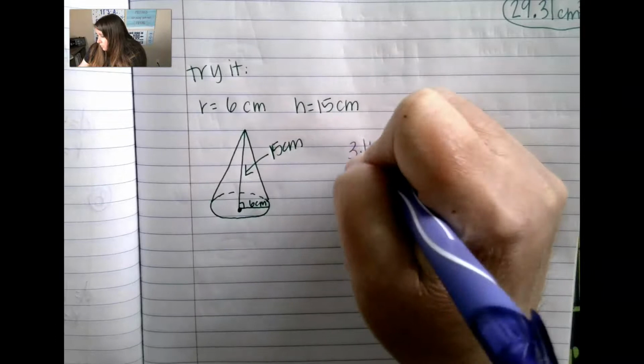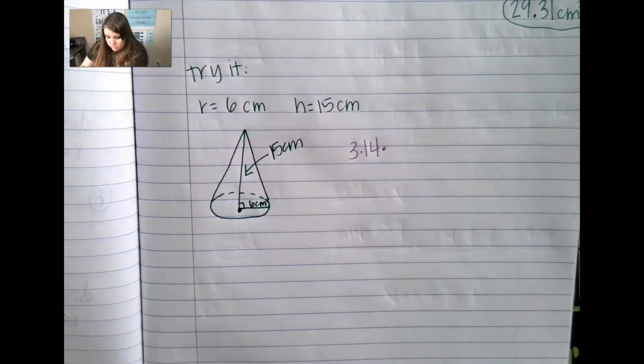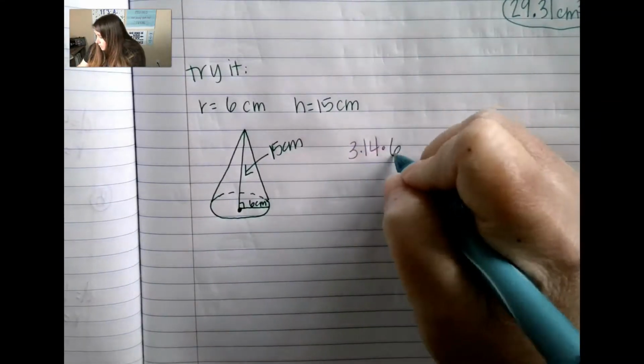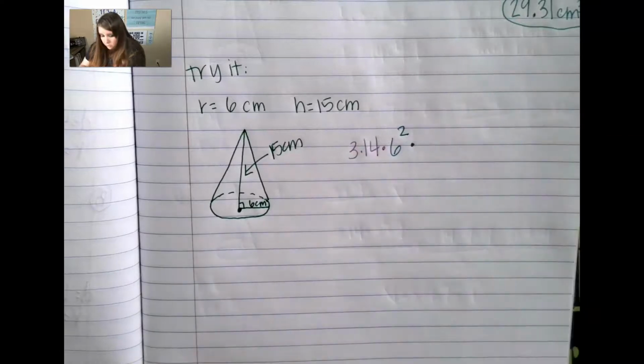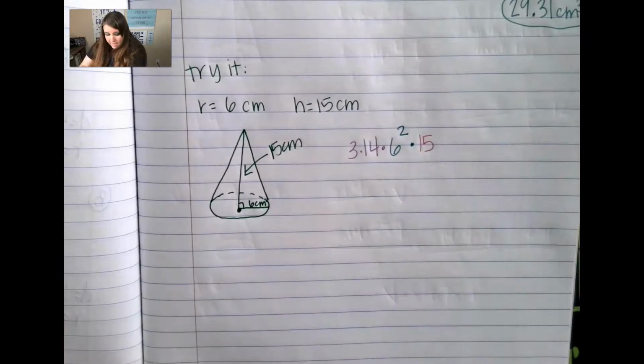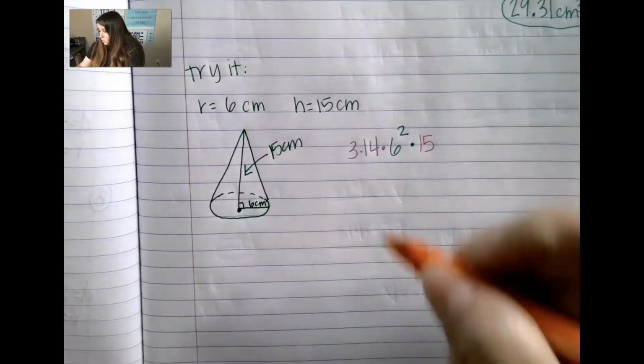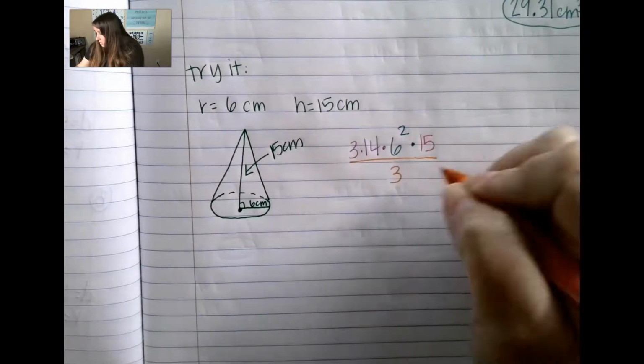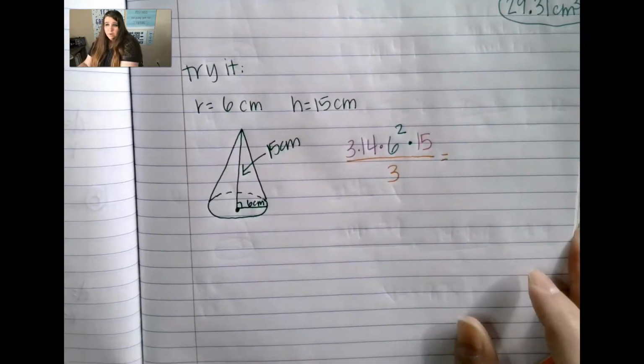All right, so we have 3.14 times 6 squared. And we're going to multiply that by 15. And then again, we're going to chop all this into thirds because we are finding a cone.